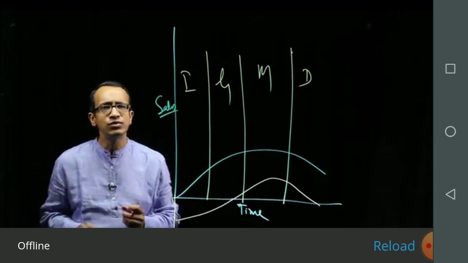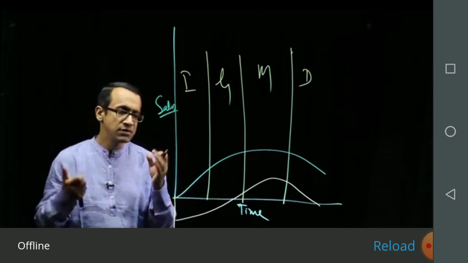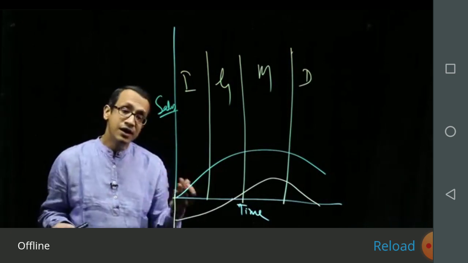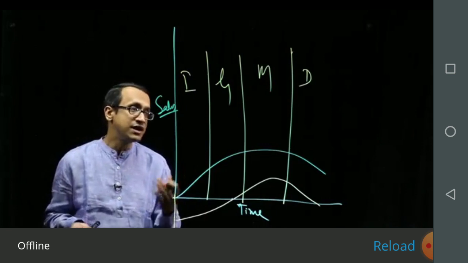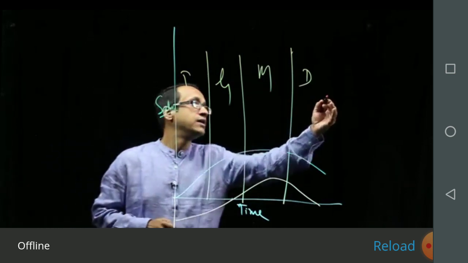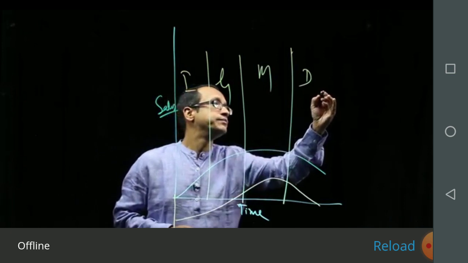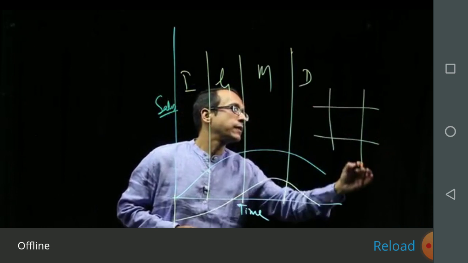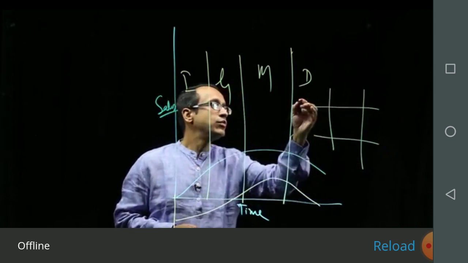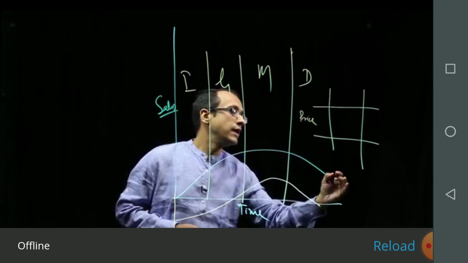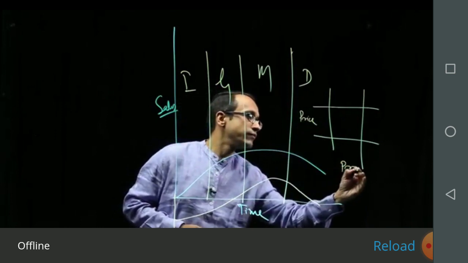So what will it do to your 4 P's? Product, you have to introduce into the market. Pricing, there are different strategies for this. I'll put the matrix over here, price and promotion.